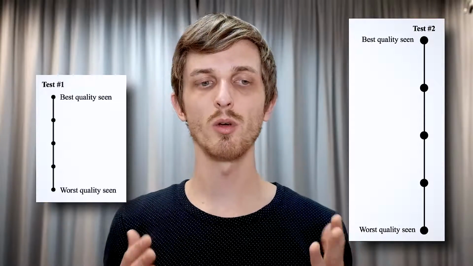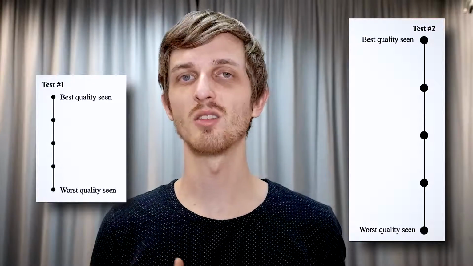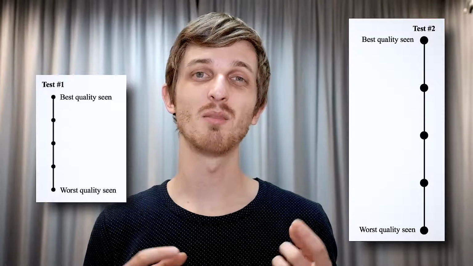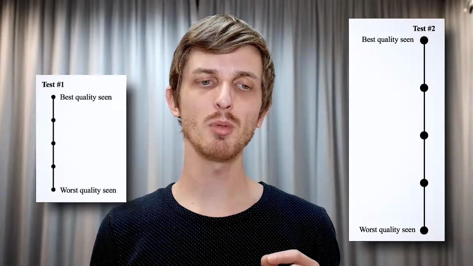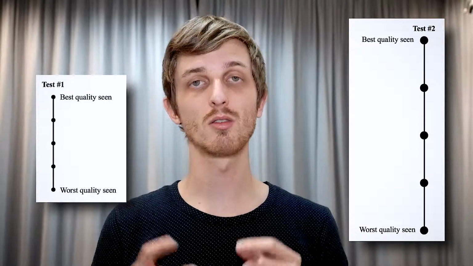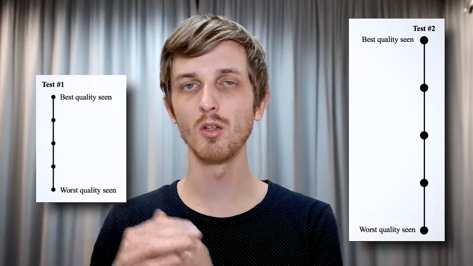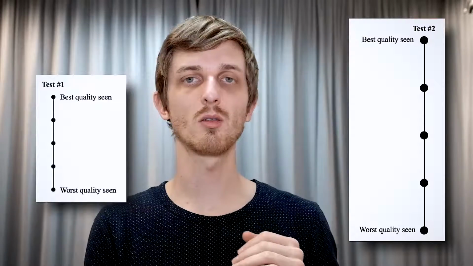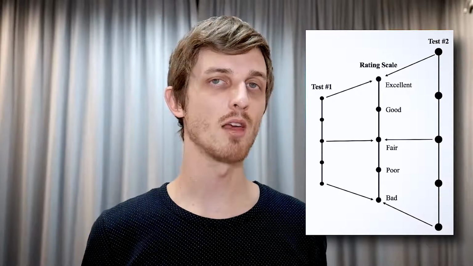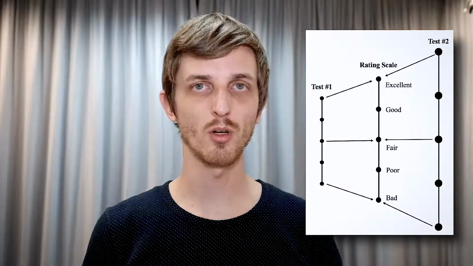Here, let's assume that we know the hypothetical quality of the stimuli already. In both of the tests, people will probably use the scale in the same extent, though in the first test, the quality range is much smaller, and in the second test, the quality range is much bigger. Still, people will probably use the entire scale to do their ratings. They equalize their rating range to whatever they saw.